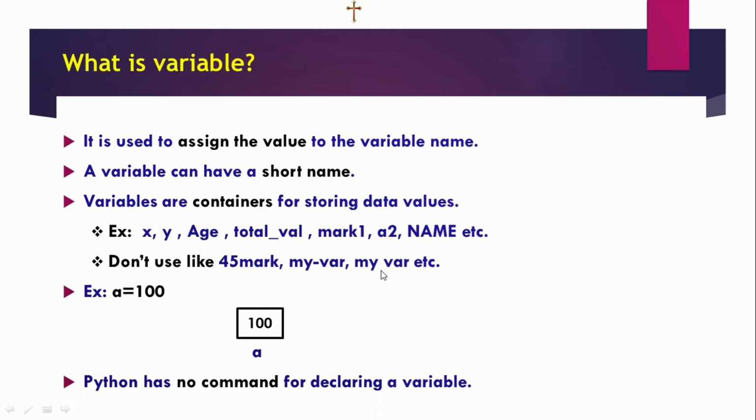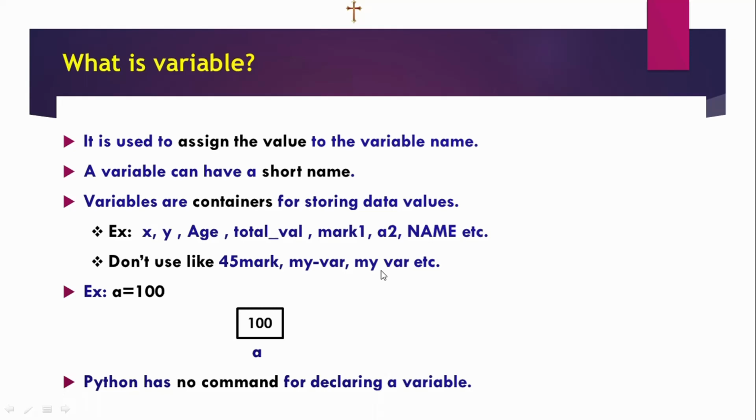In other languages, if you want to use a variable, we have to declare it. In the variable declaration we should mention the data type. If you want to use integer variables, int a, b, c. If you want to use float, float x, y, z.